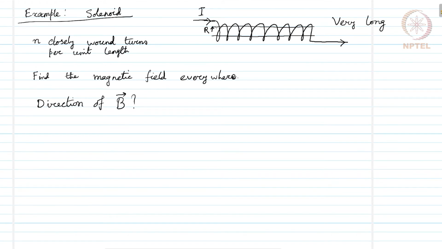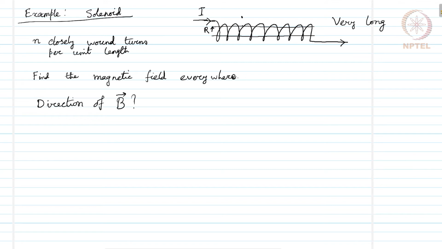Let us see. If we have our point of observation here, then at this point, if we try to find the magnetic field from the current, the current is along phi cap, and this is along r cap. So, it does not show any radial component if we consider the current right here.